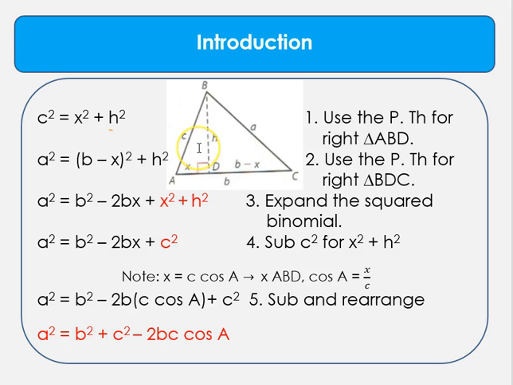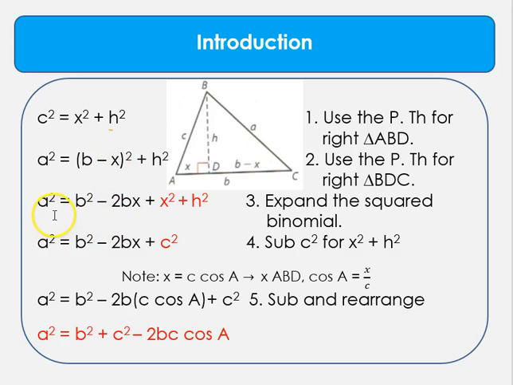So for the first triangle, ABD, we'll have c squared equals x squared plus h squared. For the second triangle, we'll have a squared equals (b minus x) squared plus h squared. So for each side, we will use whatever information we have and substitute it into the Pythagorean theorem.